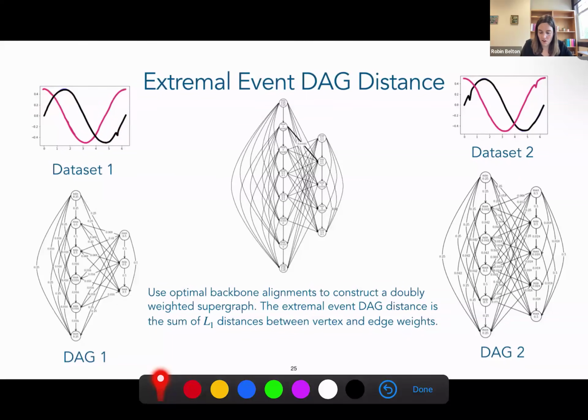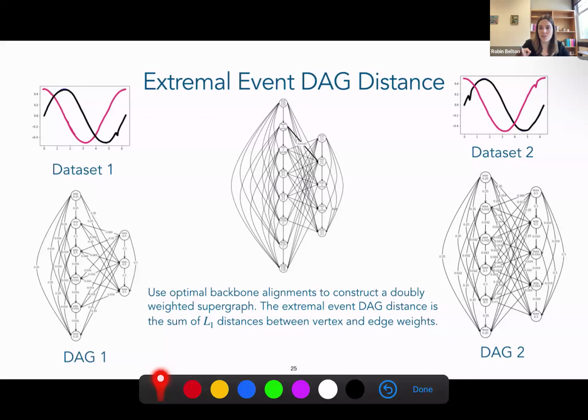And then similarly, we would have a correspondence between the sine-ish functions. So then we would first compute the backbone alignment. And from that alignment, we will get nodes in our supergraph. These nodes are coming from the backbone alignments of the cosine-ish functions, while these nodes are coming from the backbone alignments of the sine-ish functions.